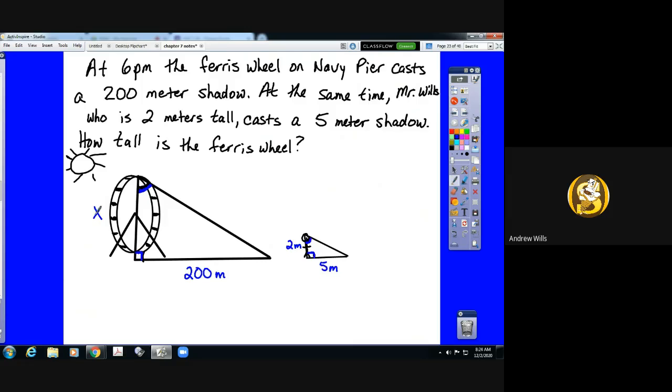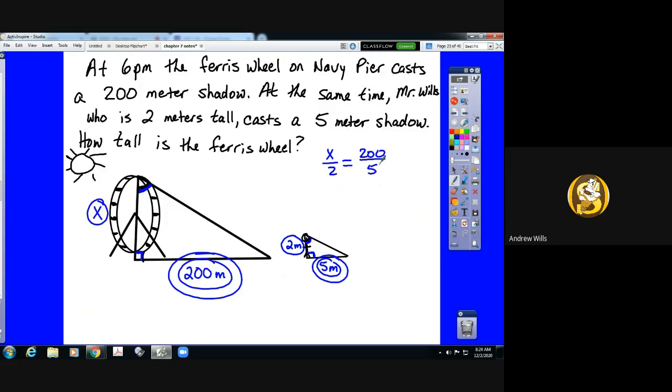So we're finding that height, X. Because these are similar triangles, we are able to set up the proportion X is to 2 as 200 is to 5.